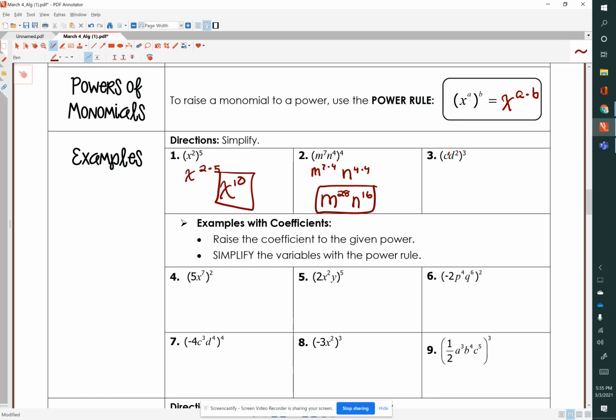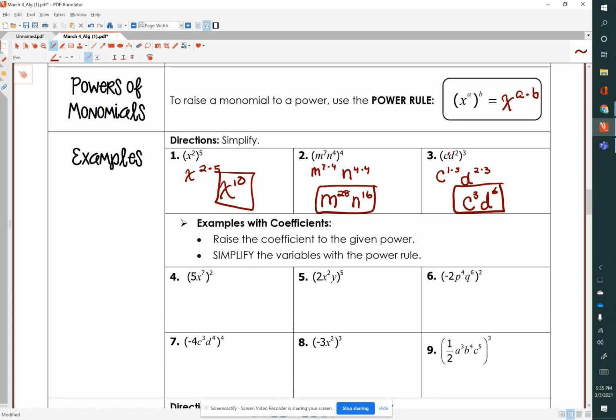Every number has an invisible exponent of 1 unless it has another exponent. So that would be c to the 1 times 3 power and d to the 2 times 3 power, which would be c to the 3rd, d to the 6th power.